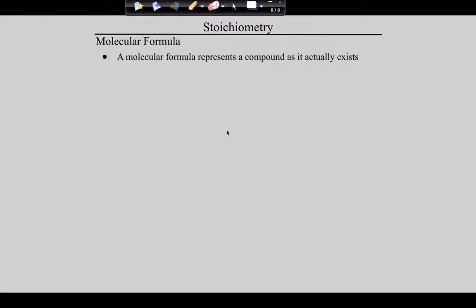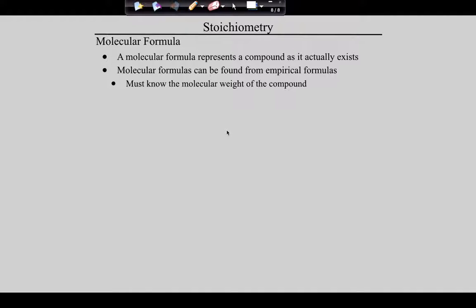A molecular formula is the formula of a compound as it actually exists. Now, the next bullet you don't need to write down, it's conversational. We can actually figure out molecular formulas from empirical formulas. The question is how? What we need to know is the molecular weight.